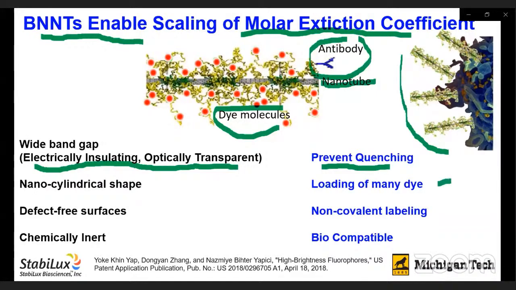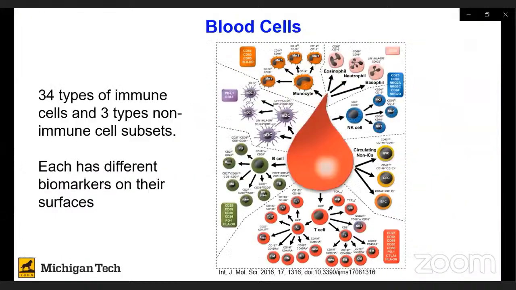And we can load as many or as few dyes as we want. This can be done by non-covalent labeling. Since these structures are chemically inert, the high brightness fluorophore constructed in this manner is biologically compatible.